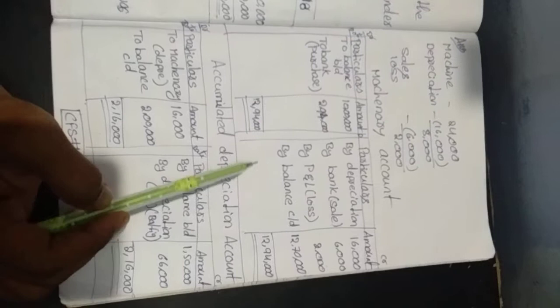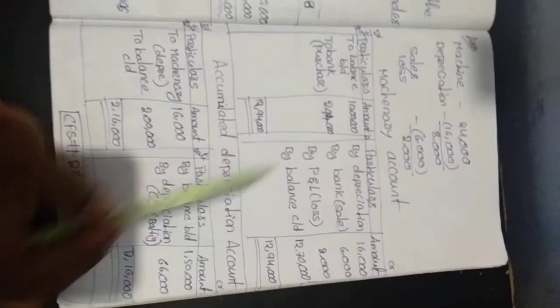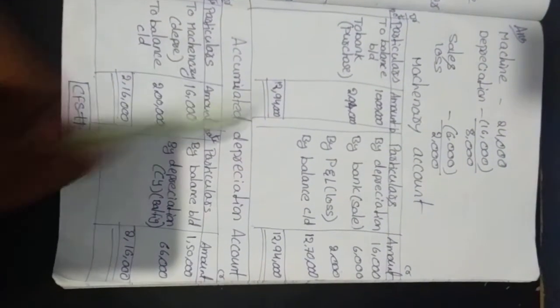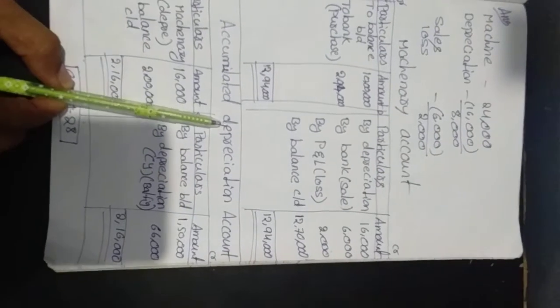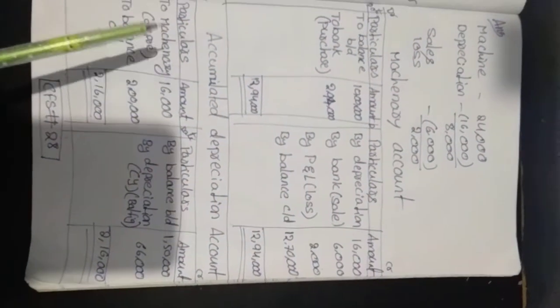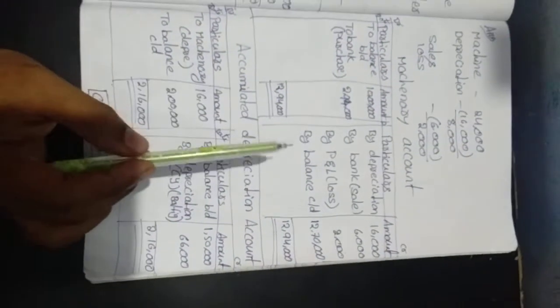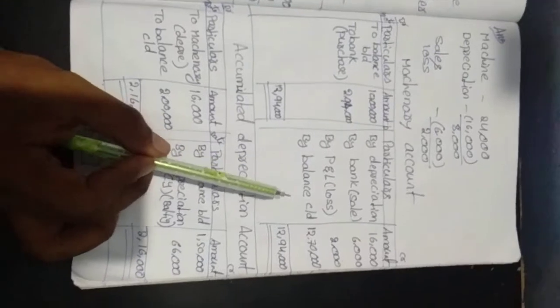Accumulated depreciation is shown separately, and the machinery account is not disturbed by depreciation. The depreciation is shown here only for the asset which is sold in that particular year.